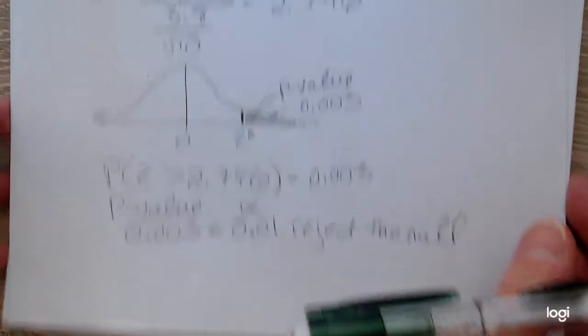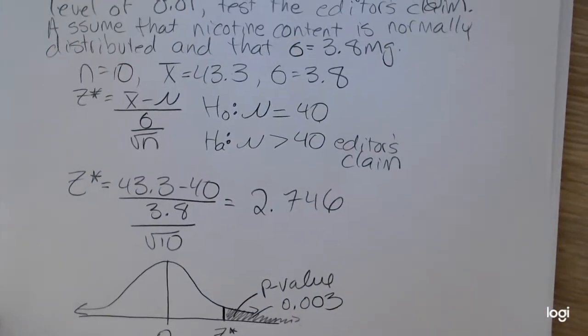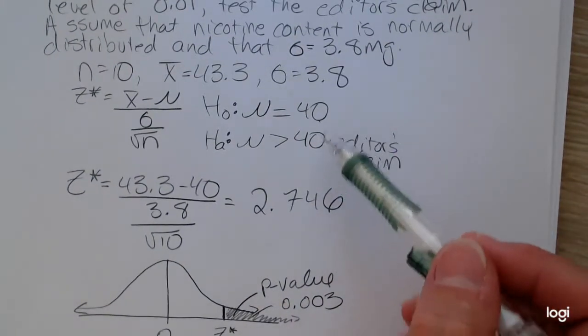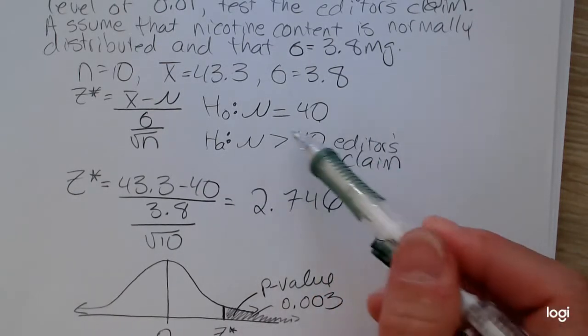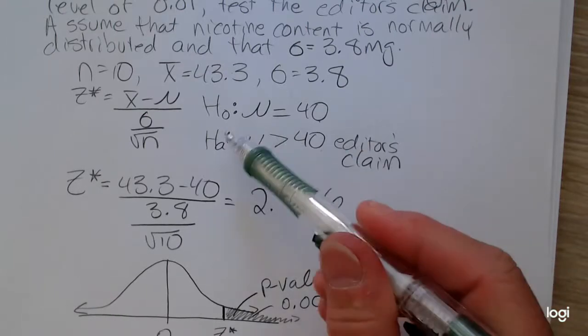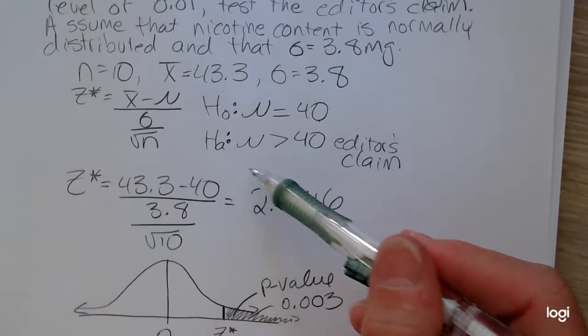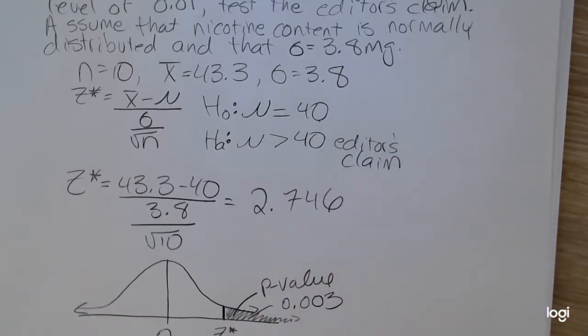And going back to my null and my alternative, if I'm rejecting the null, I am in support of the editor's claim. In other words, there is enough evidence to support this alternative statement.